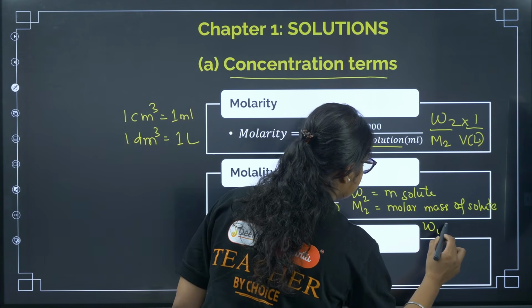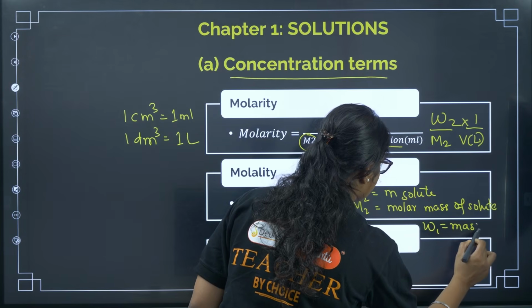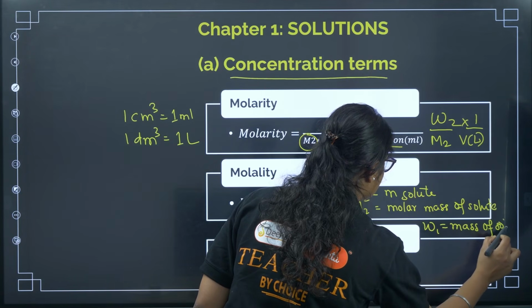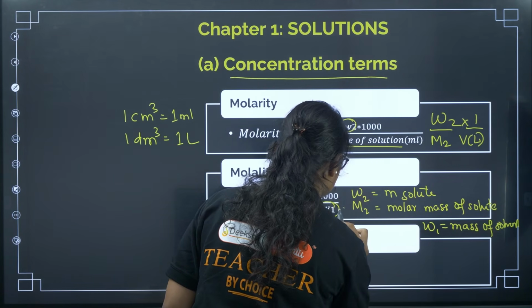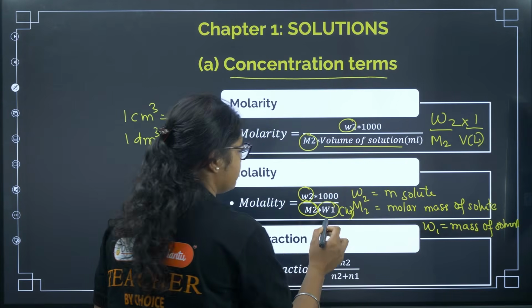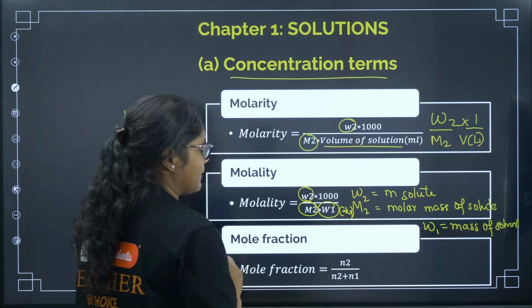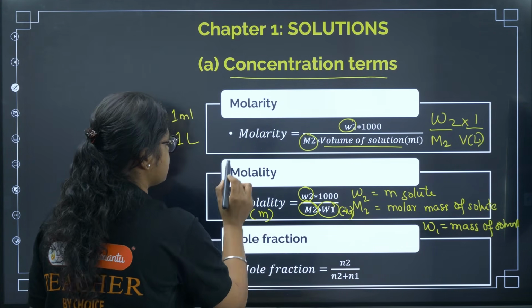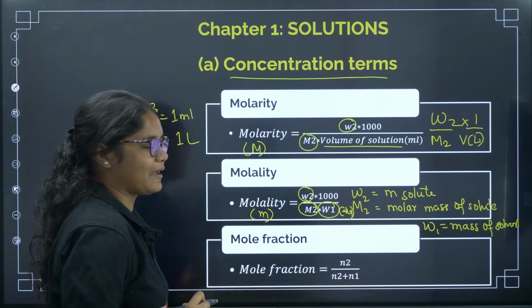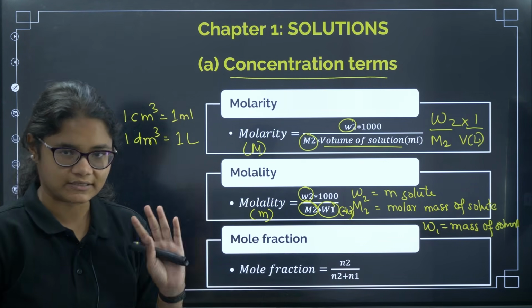Now this mass of the solvent should also be in kg. If you are multiplying by 1000, it has to be in gram. Molality is represented with small m, molarity is represented with capital M. I hope both the formulas are very clear.